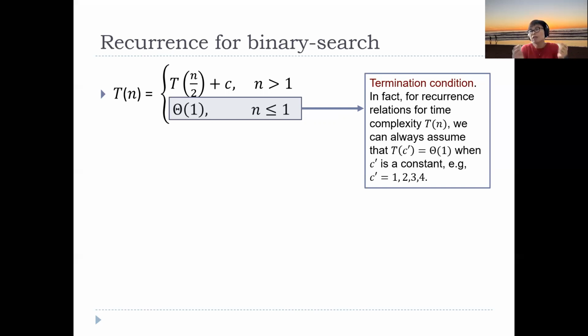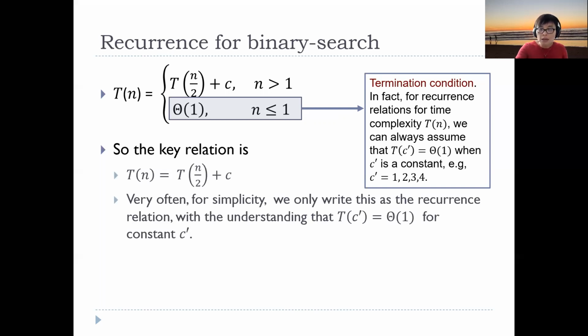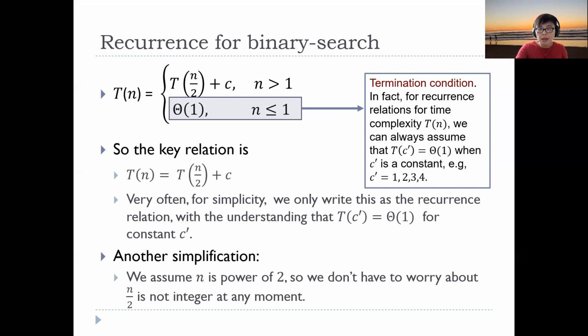Even if your algorithm is very slow, if the input size is only constant, then no matter what you do, that's still a constant. In my unrolling, when I solve this recurrence, I'm also going to assume that n is a power of 2.